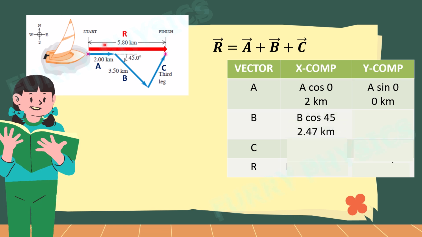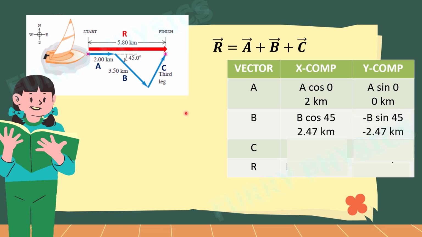Now, vector B is at an angle of 45 degrees below the x-axis, in the fourth quadrant, as you can see here. Hence, the x component of vector B is B cosine 45 degrees, and that is 2.47 kilometers.